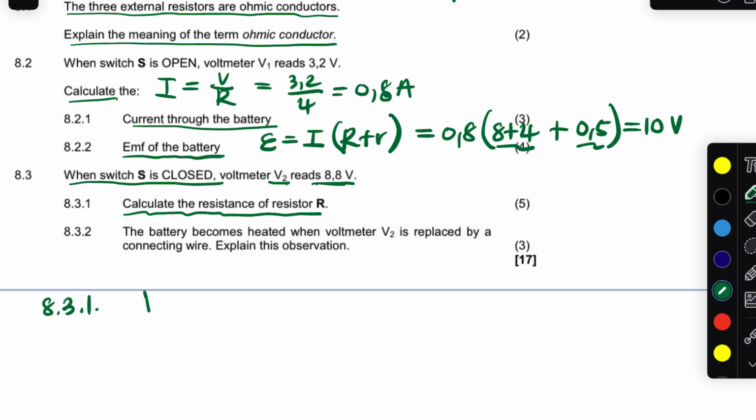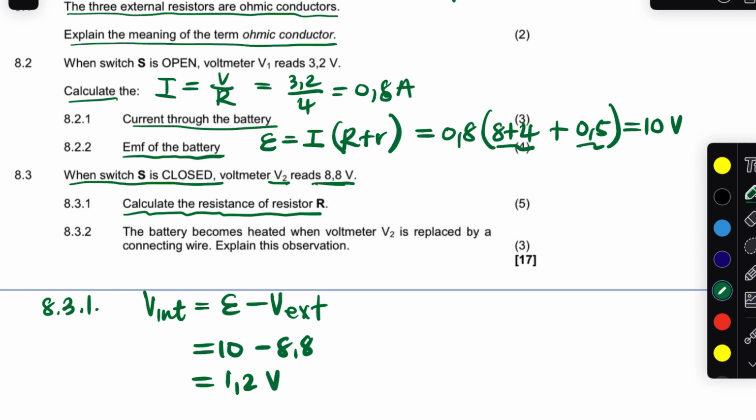We use the formula V internal is equal to EMF minus V external, because we do have the EMF, which is 10, and the external is 8.8. So the answer there will be 1.2 volts.